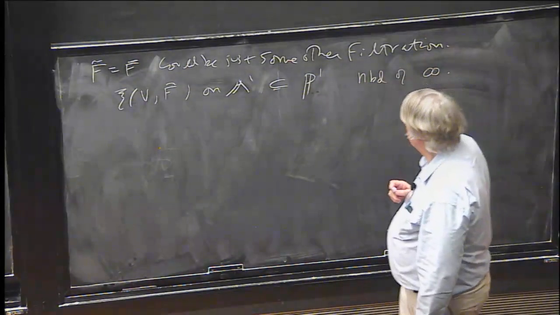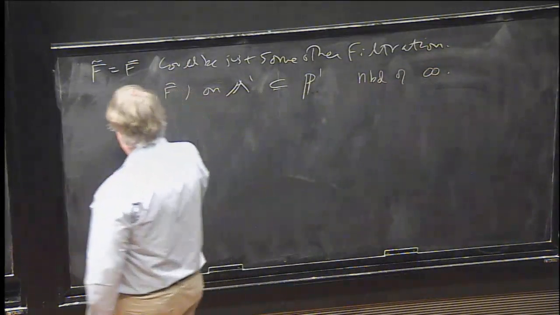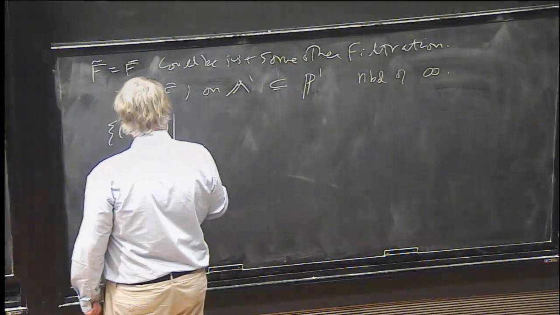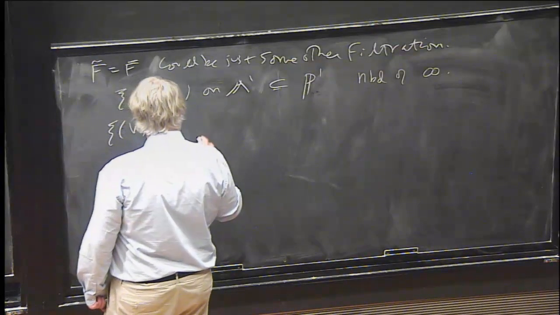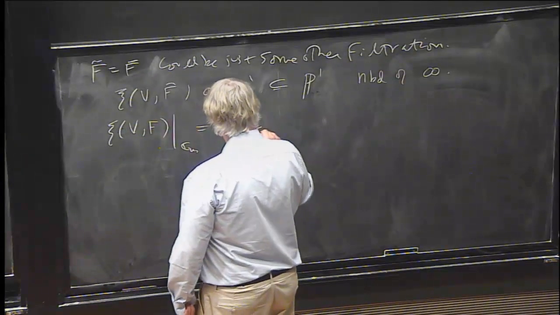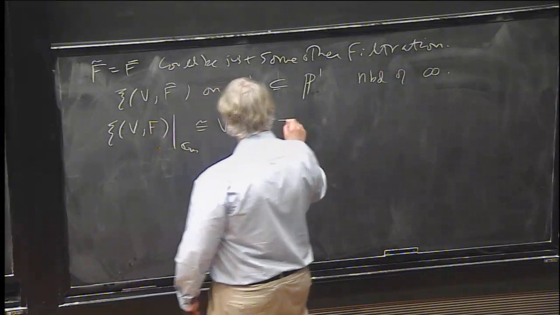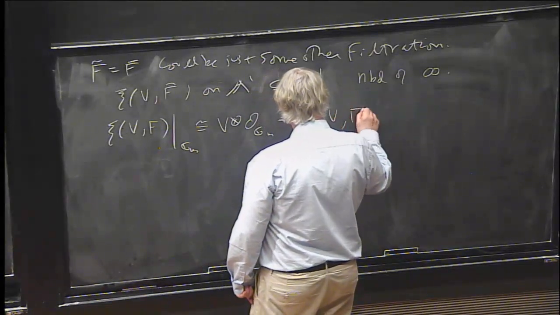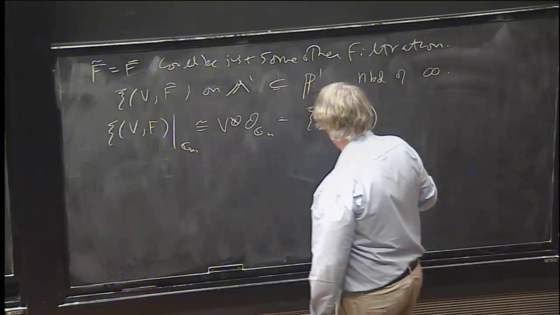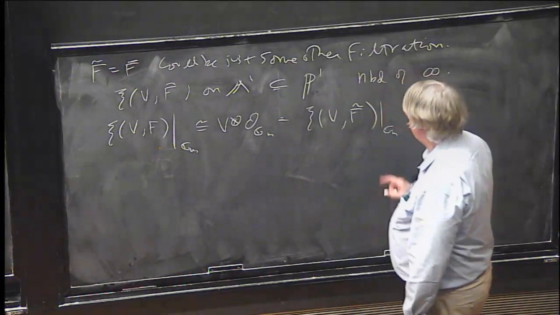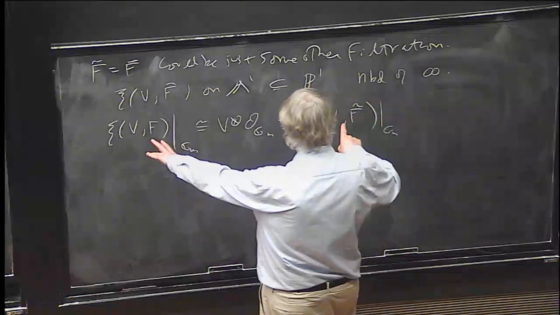Okay. And now you can see that this Rees construction of V, F restricted to G_m is just V tensor O_{G_m}, which is also the Rees construction of V, F tilde restricted to G_m. And so, by using this isomorphism, we can glue them.